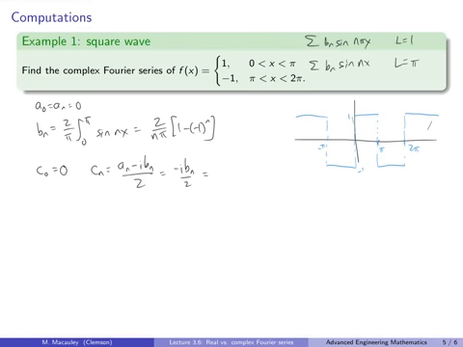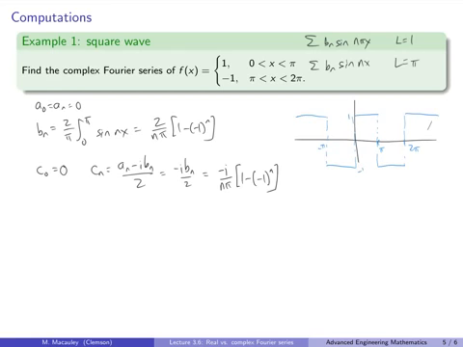So we get negative I over n pi times 1 minus negative 1 to the n. Now there's several ways to write this. If we put the I in the bottom, then the negative sign goes away. Or if we want to make this negative sign positive, then we could switch the order of these two. But this is Cn. And I claim we're done.